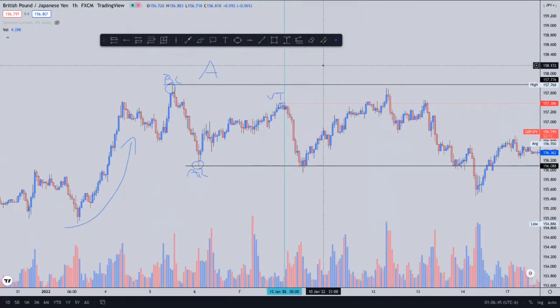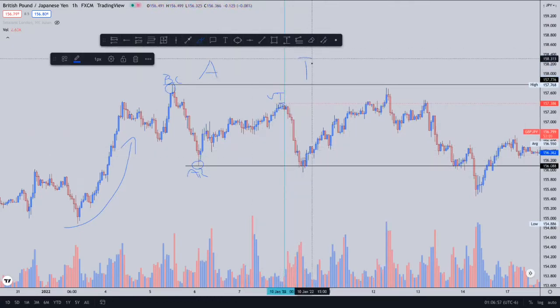Now we get into phase B. And remember, phase B is going to test these levels of support and resistance that we established, right? So phase B starts, and immediately we get a break to the downside with what you would see as growing sell volume.